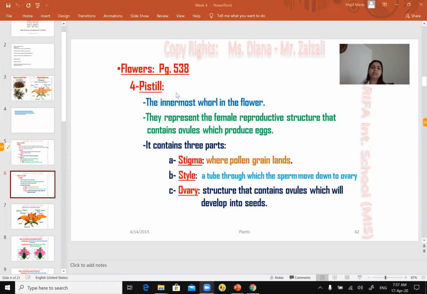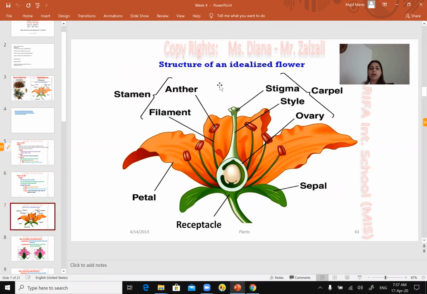So the pistil or carpel contains stigma, where pollen grain lands, style, a tube through which the sperm move down to the ovary, and ovary, structure that contains ovules, which will develop into seeds. This diagram shows all of the parts that we discussed within an idealized flower. The 4 parts: the green leafy structures, the sepals; the colorful part that attracts pollinators, petals; then the male reproductive part.